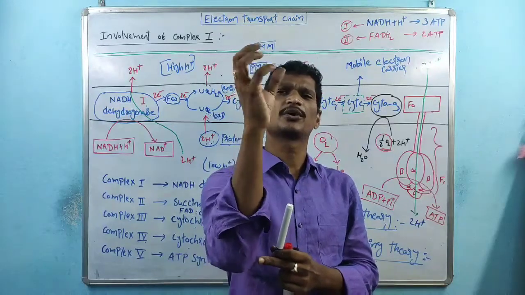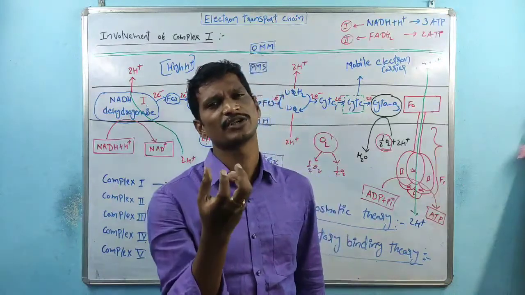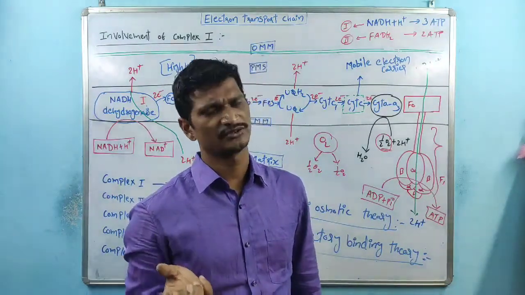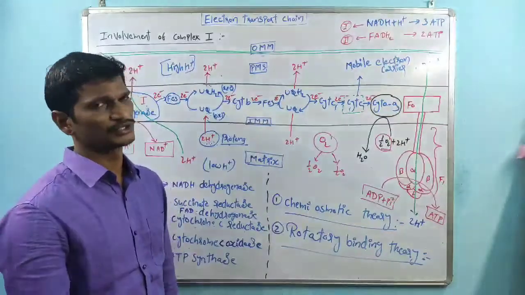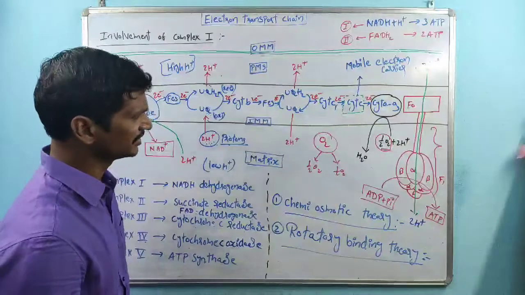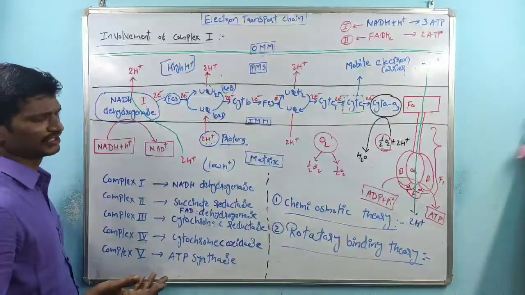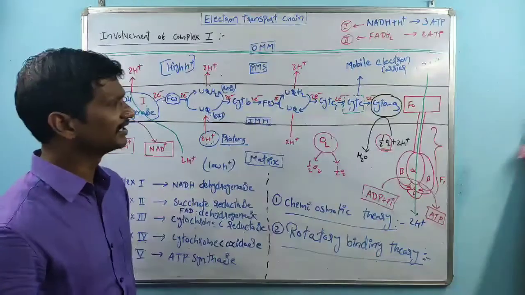The head moiety rotates like this. Once the rotation takes place, that rotation provides the energy for ATP synthesis. That is called the rotatory binding theory. So simply two theories support ATP synthesis: one is the chemiosmotic theory, the other is the rotatory binding theory.